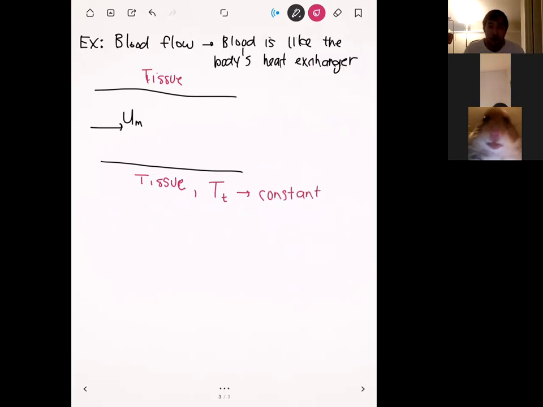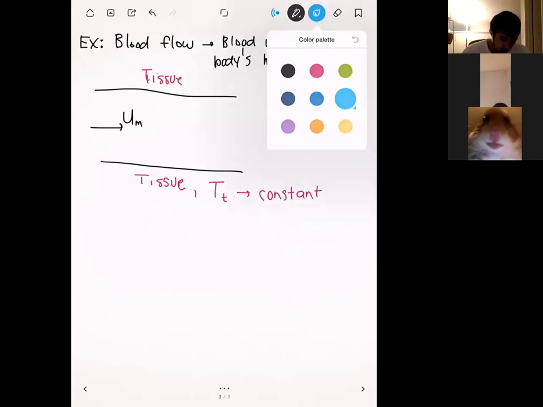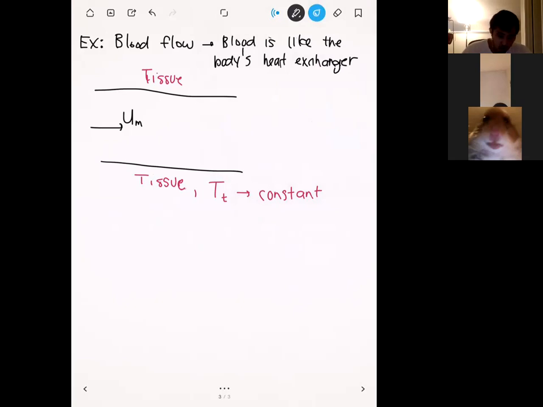If we go back to our convection situations, this is a situation where the walls are at a constant temperature. So it's not the heat flux condition. In particular for this problem, what we're interested in is the amount that the mean temperature is going to change from one part of your body to another.